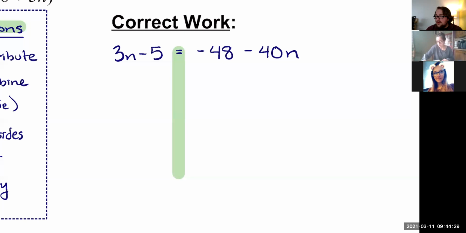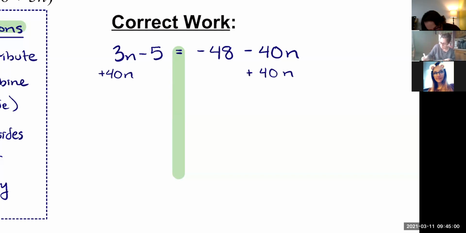If we're going with my recommendation, which one would you suggest moving? The smallest, which would technically be the -40n, because all negative numbers are smaller than positive numbers. How would you make that -40n disappear from the right? Turn it to a positive or add it. Yep. So we'll use a positive 40n, but we have to make sure we use one on the other side as well.